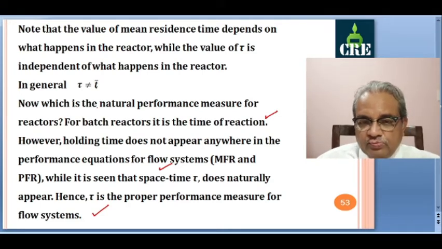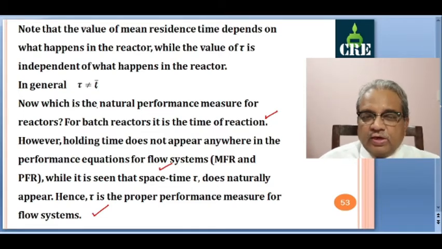In plug flow, concentration is a function of length of the reactor or distance of the reactor. Along the volume of the reactor there is change, whereas in batch reactor concentration is uniform throughout the reactor. In mixed flow reactor also concentration is the same throughout the reactor at any position.